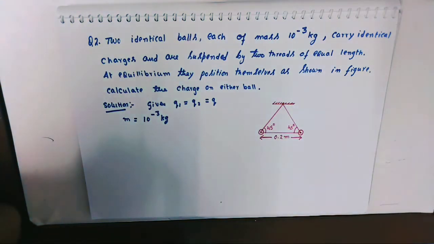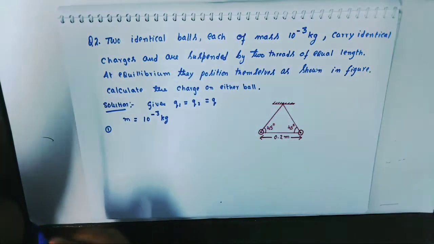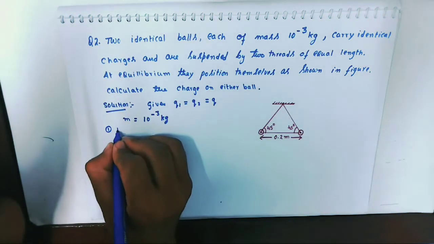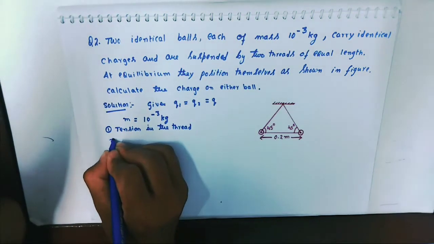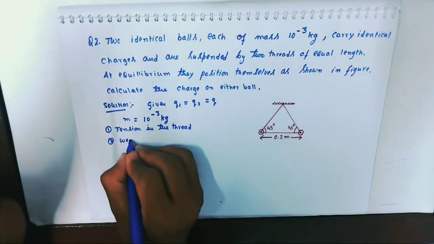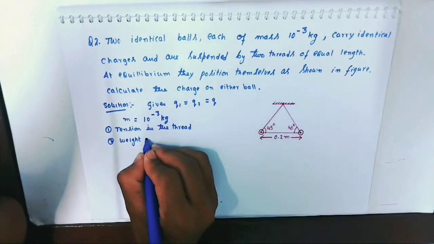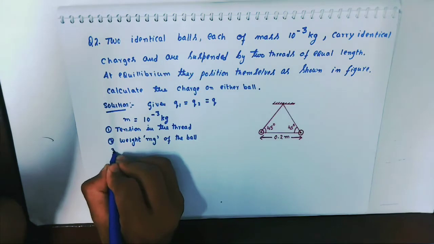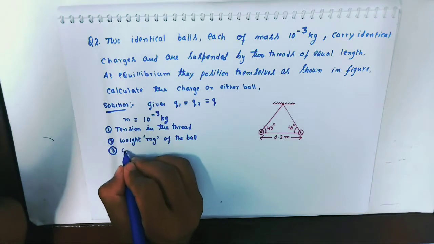Remember one thing, the ball is in equilibrium under the action of three forces. Number one, tension in the thread. Number two, weight of the ball. Number three, Coulomb's repulsion force.